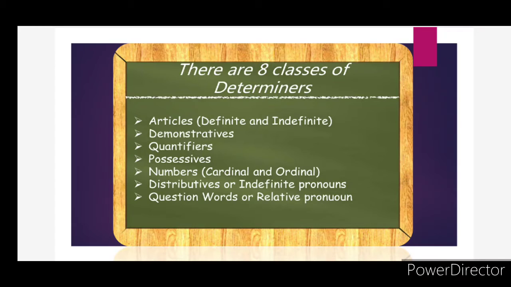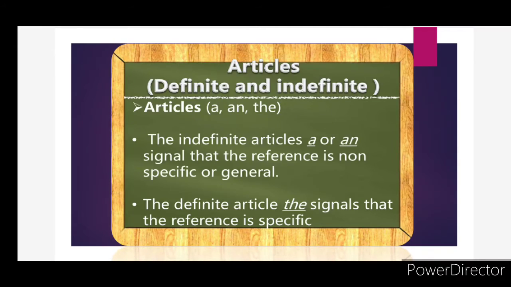Articles, which include definite and indefinite, demonstratives, quantifiers, possessives, numbers, which include cardinal and ordinal, distributives or indefinite pronouns, question words or relative pronouns. So these are 8 classes of determiners which you all need to keep in mind.